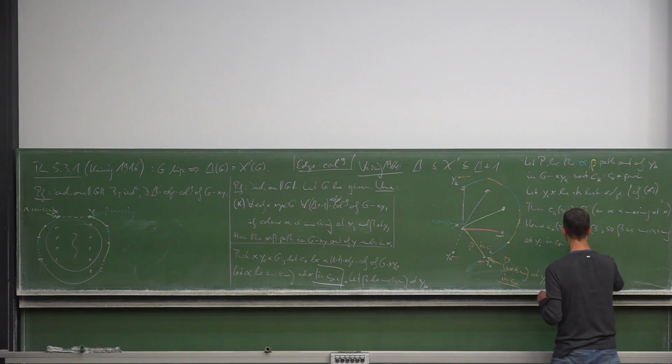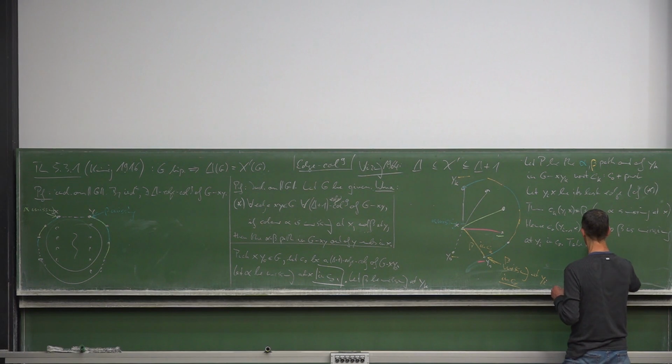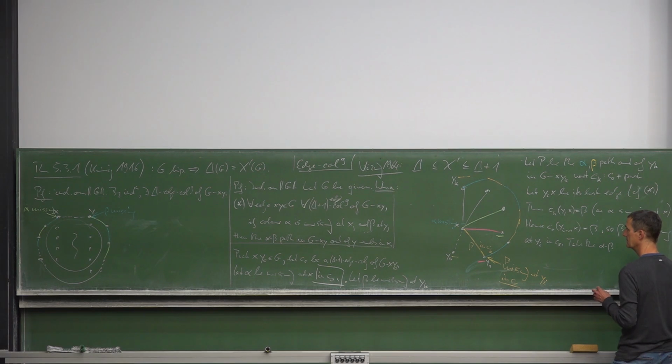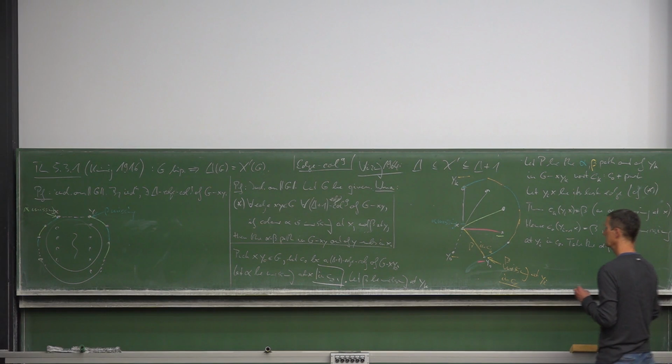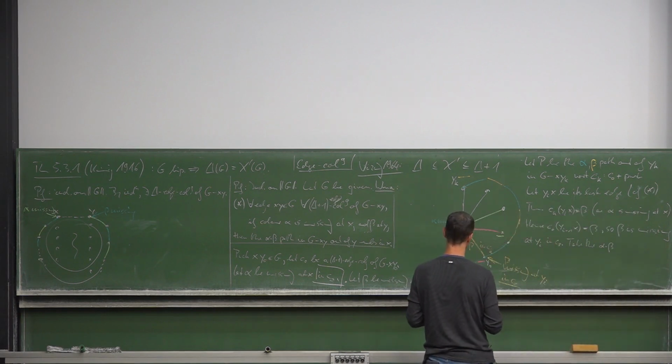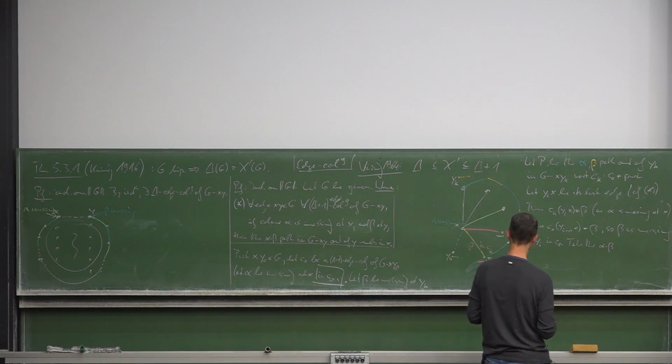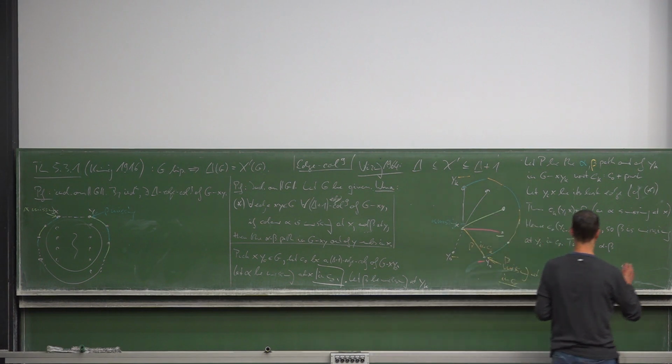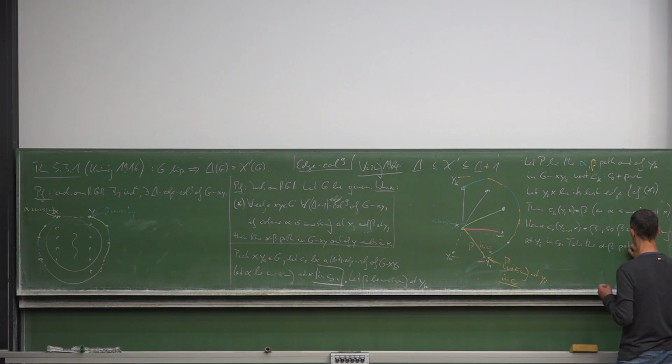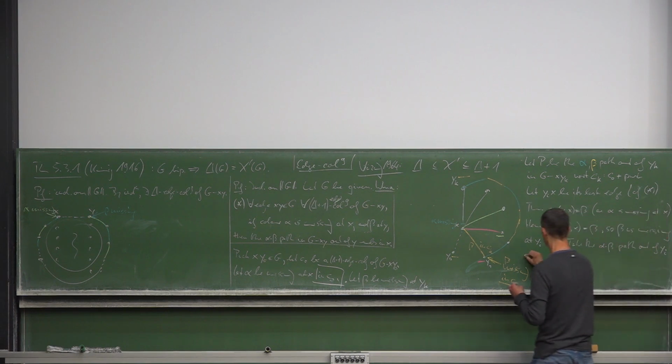Now take the alpha beta path out of yi with respect to ci.